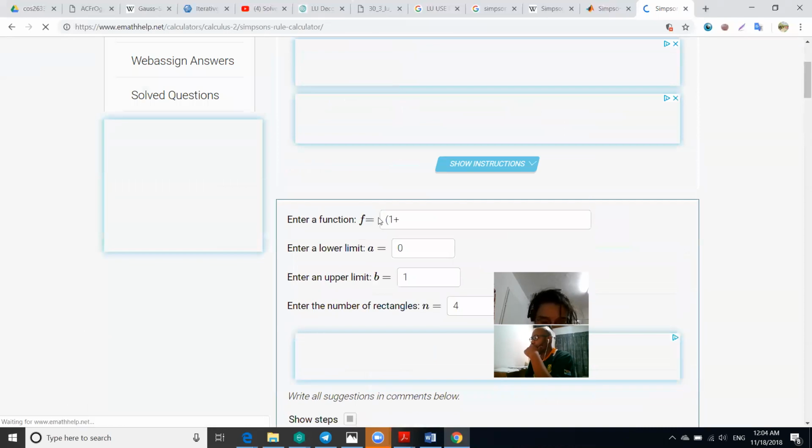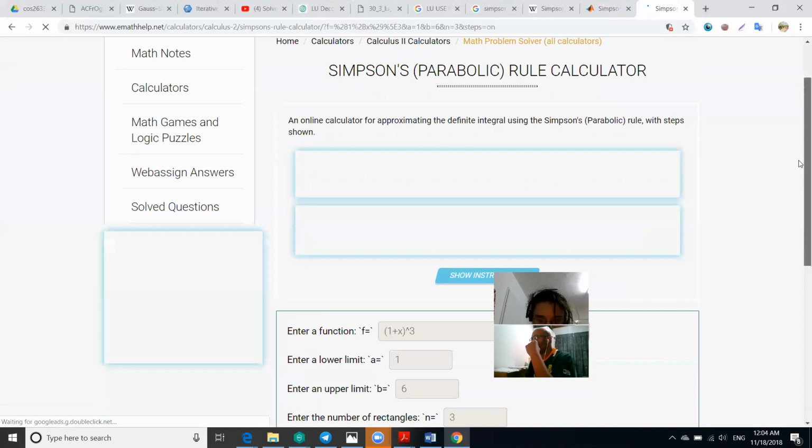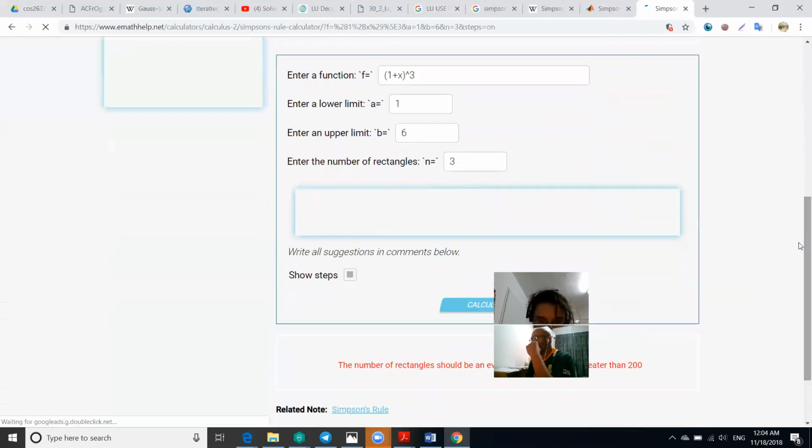One plus x, all cubed. Yes, it's 1 and 6. H equals 3. It should show steps.